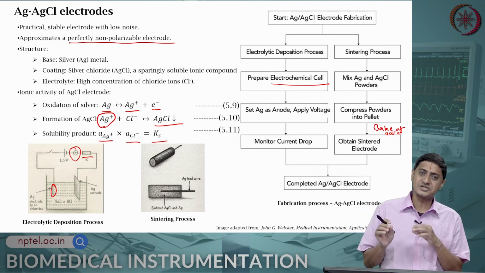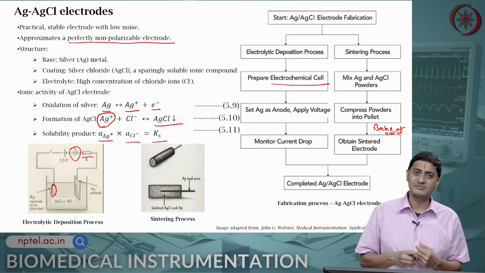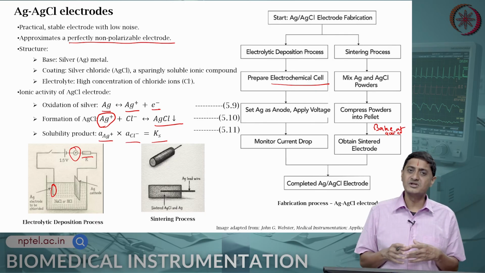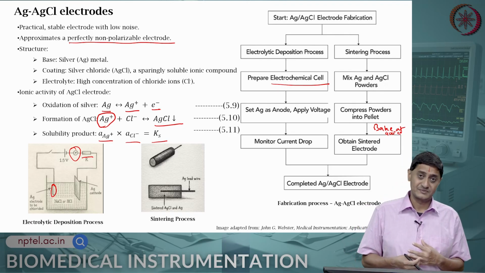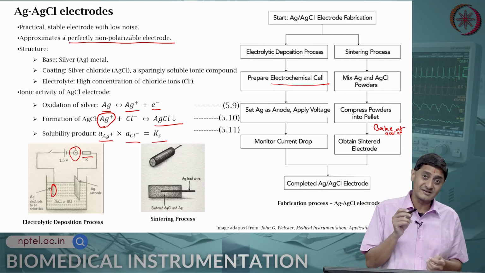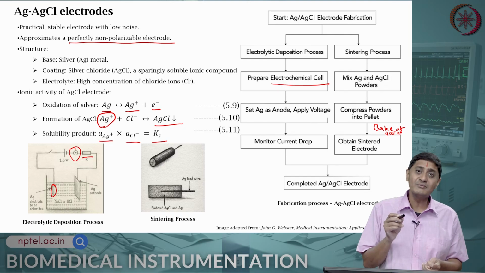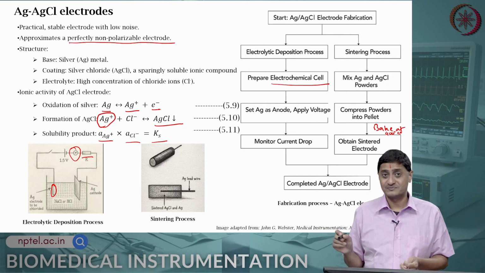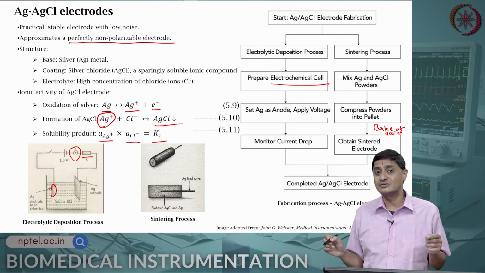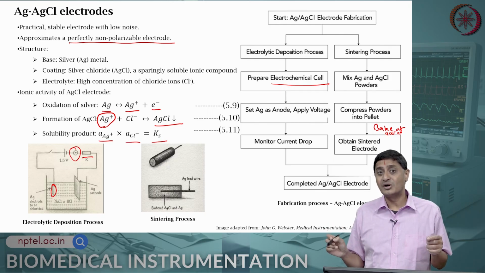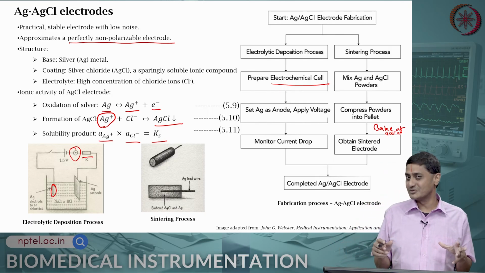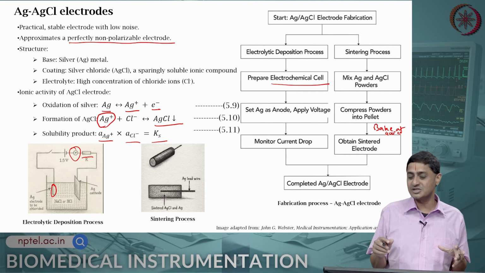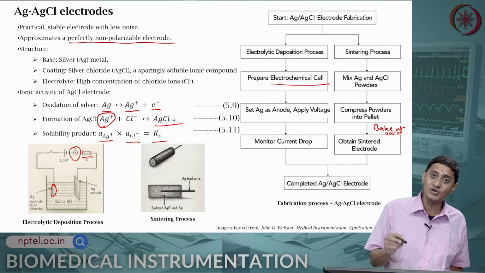But in the case of silver chloride electrodes, especially the sintered ones, the proportion of the silver and the silver chloride in the mix matters. When you mix these powders, if there is too much silver, then it is possible for silver metal to form direct contact with the body from the lead to the bodily solutions, essentially providing a short circuit, which is not a desirable situation, because you are interested in having chloride ions.